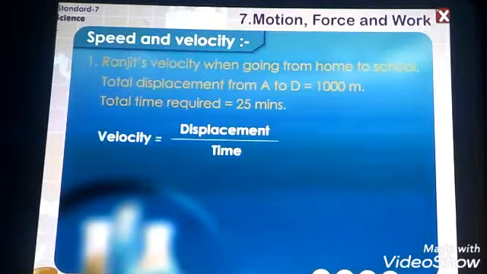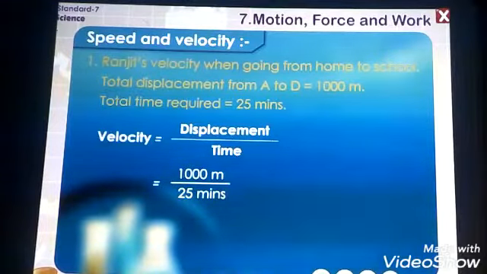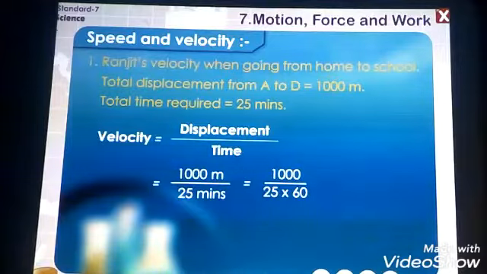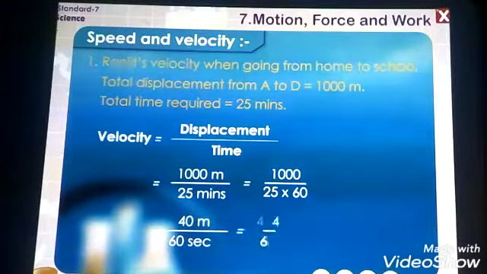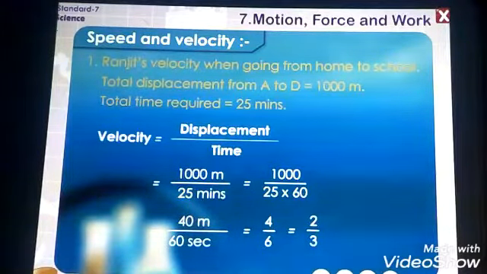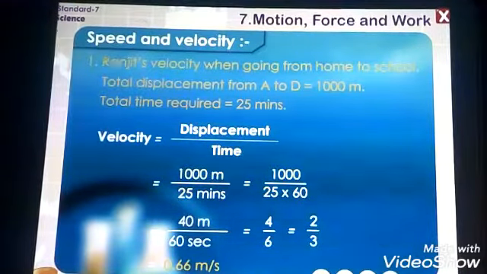Velocity is equal to displacement upon time, that will be equal to 1000 upon 25 minutes. Therefore, 1000 upon 25 into 60, because we are converting the minutes into seconds. So here 40 meters upon 60 seconds is equal to 4 upon 6 is equal to 2 by 3. That will be equal to 0.66 meter per second.